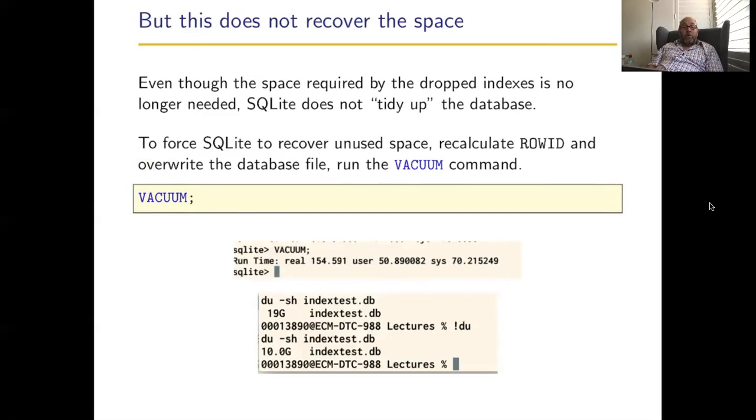But if you were to look at your file system, you would discover that even with the indexes deleted, the size of the file is still very large, 19 gigabytes. The point is that when you delete an index, SQLite doesn't repack the file so it's nice and compact.